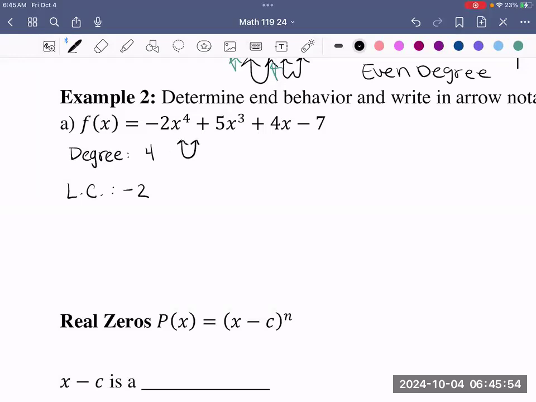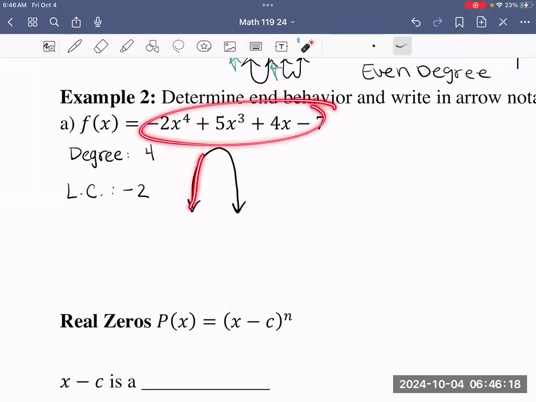Degree, right, with it being 4, we're going to be this U shape, whether it's up or down. That's your shape. And now with us having a negative leading coefficient, that's going to tell us that we're not this concave up shape. Instead, we're now going to be concave down. This is like the most basic idea, because this complicated graph won't look like a parabola.